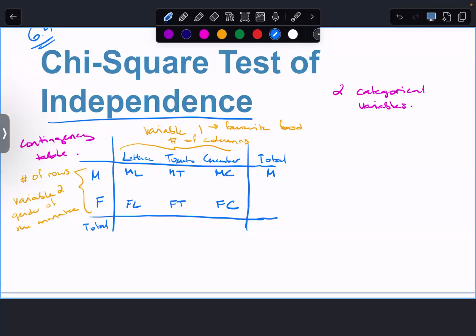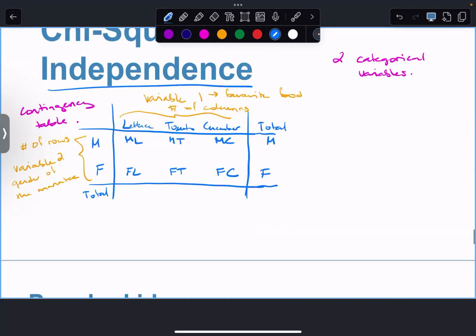And so now in the column totals, I would have the ones that like lettuce, the ones that like tomato, and the ones that like cucumber, and a grand total of N manatees that we've observed and have some counts from.